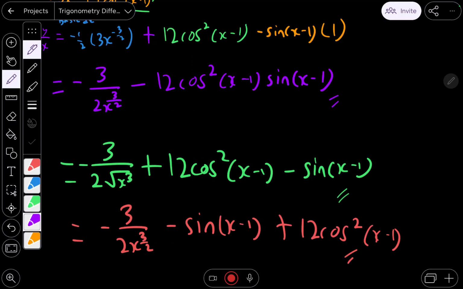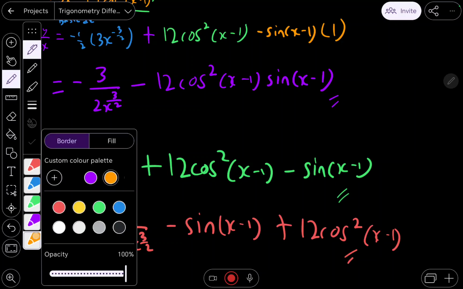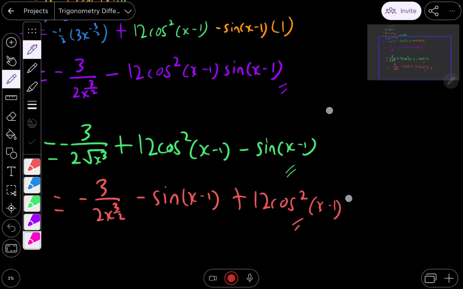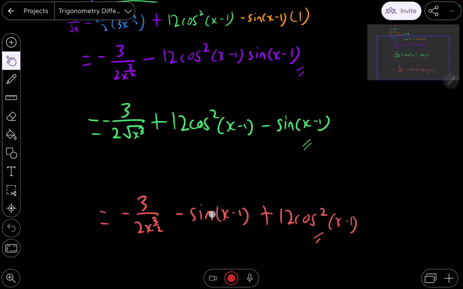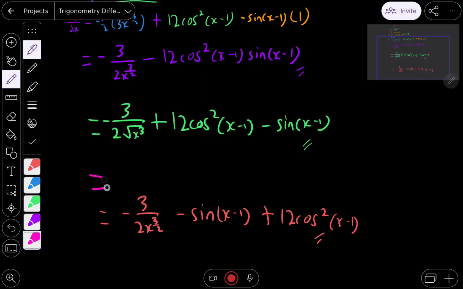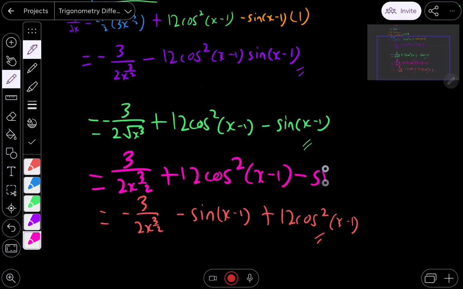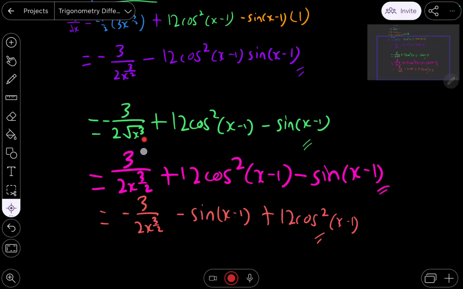Actually, if you write it like this, which I'll write in pink, there's one more way to write your answer. What did I do here? I just changed this x cubed to x to the power of 3 over 2.